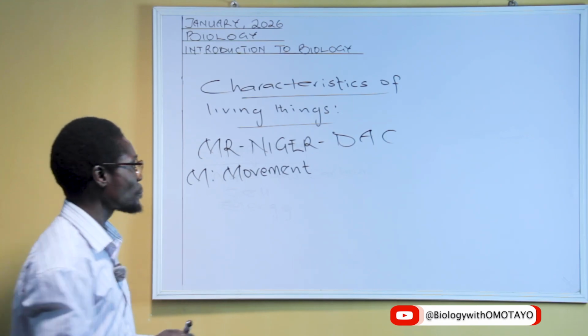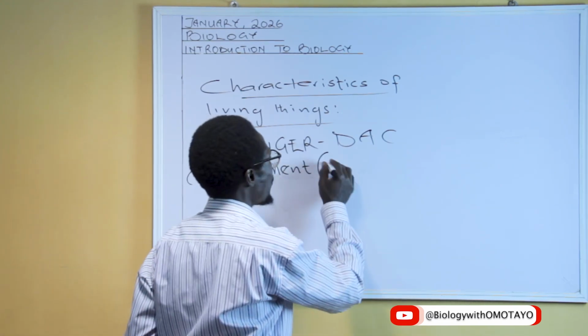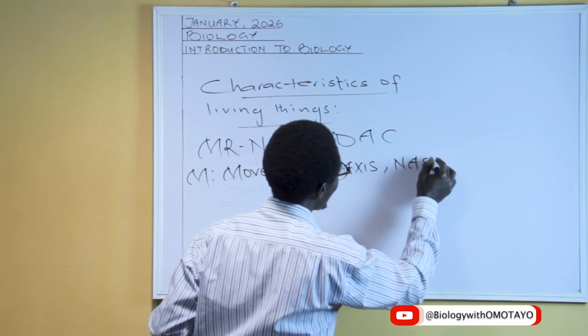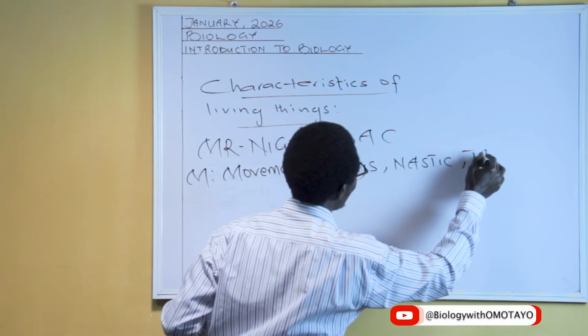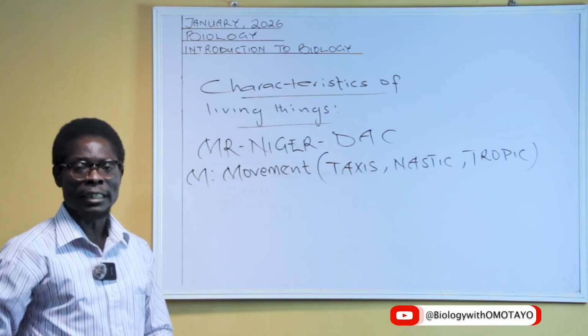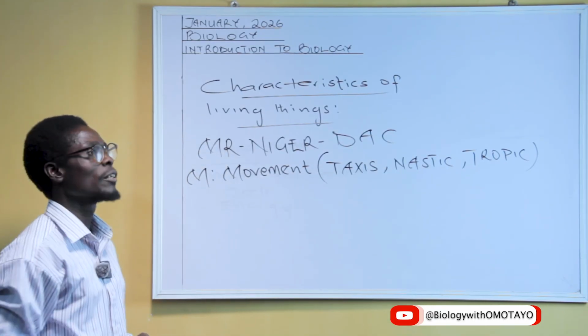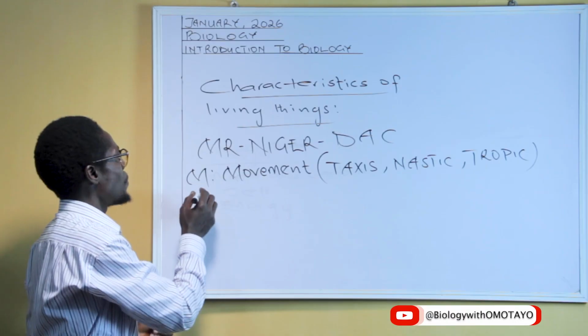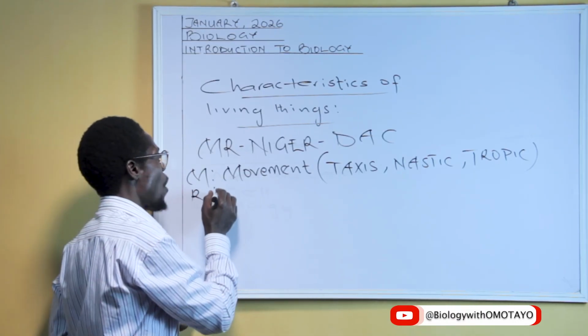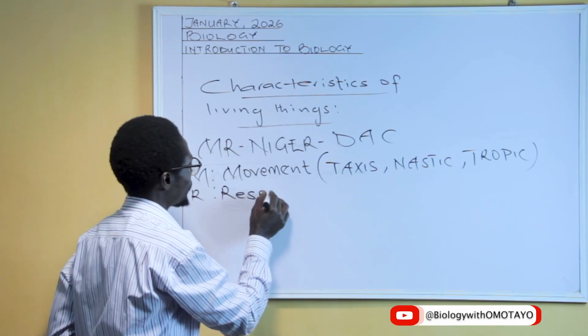So as I've said, under our movement here, we have taxis, nastic, and tropic. This will be further looked at in subsequent studies. After our M, we have the R. R stands for respiration.